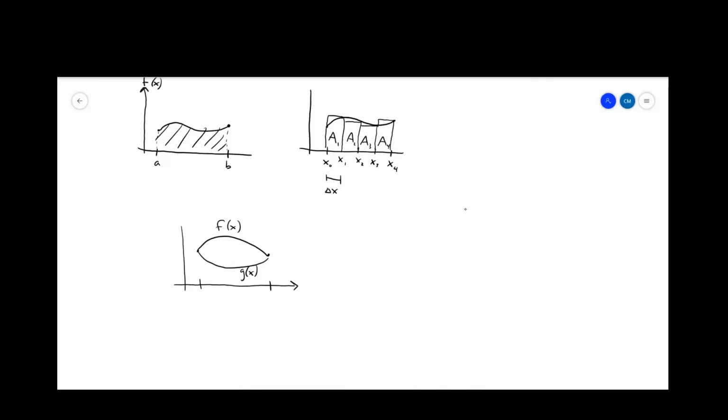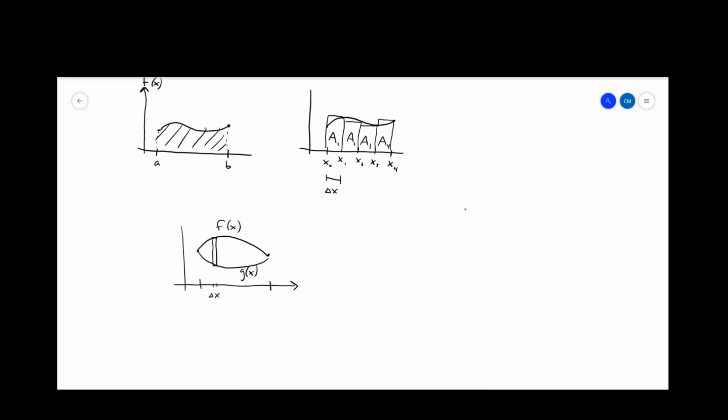And so the idea here is that you would still divide this up into some number of subintervals, only now the rectangles are not going to go all the way down to the x-axis. The top bound of the rectangle is going to be the bigger function, the f of x function, if that is the bigger one. The bottom one is the smaller function, the g of x function. And we still have this same width, delta x.